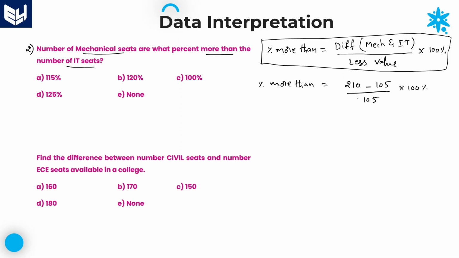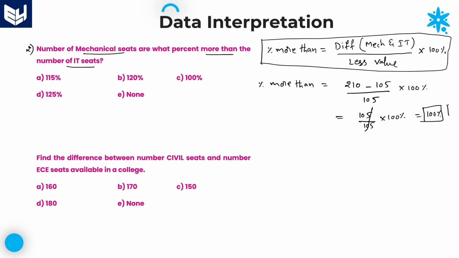The difference is 105, and 105 divided by 105 into 100 percentage, where 105 gets cancelled. Therefore the required percentage increment is 100 percentage.